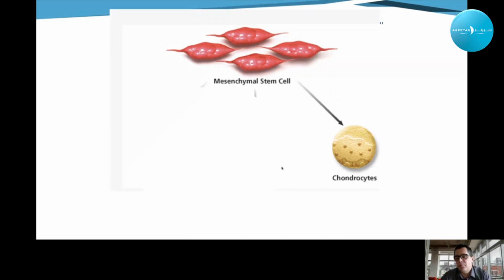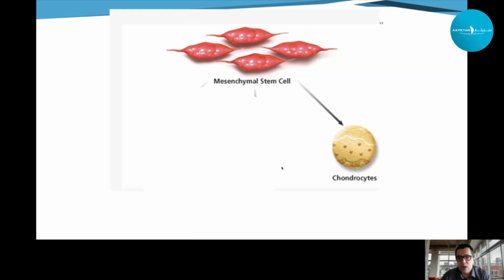So the effect on the lesion is that they do give signals to the chondrocytes from the adjacent healthy cartilage to come into the area and try to heal the defect, which is proven to be quite feasible, although they do not have the good differentiation ability that we described initially.